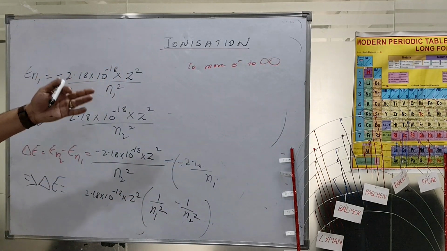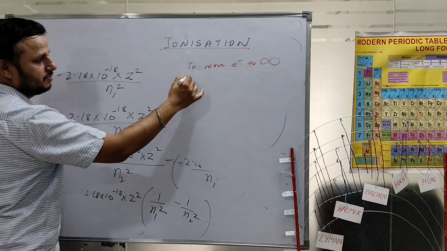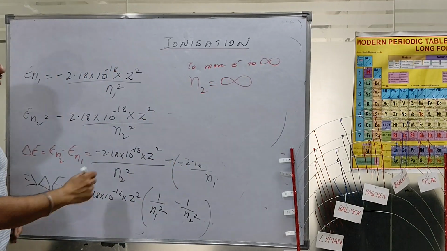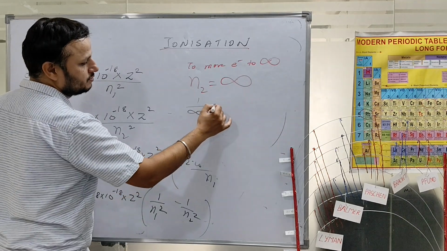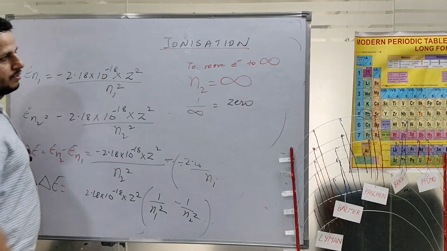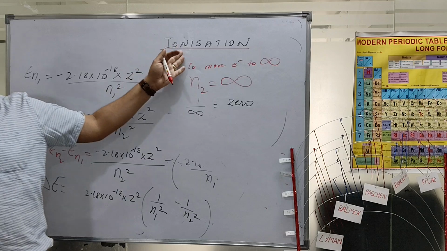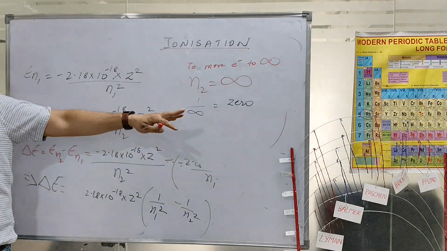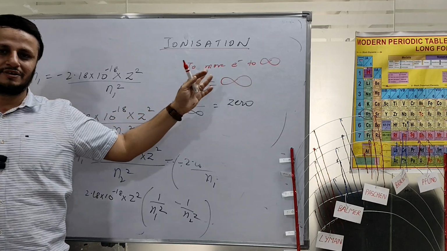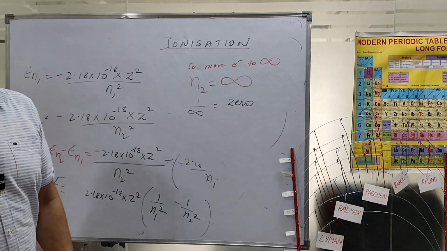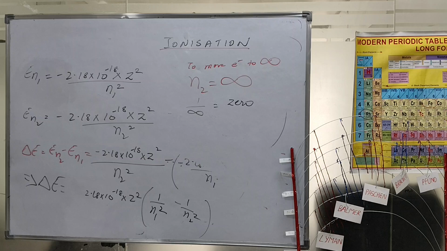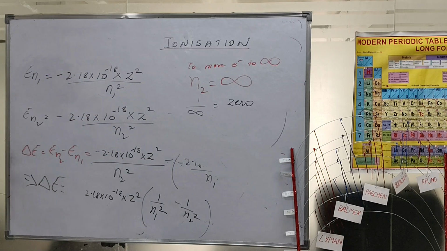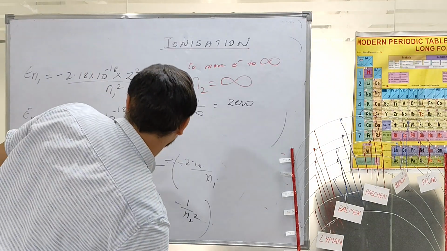Where is the electron? At infinity. In that case n2 becomes infinity and 1 upon infinity is 0. So if the word ionization or ionization energy comes in a question, that means n2 is the infinity level where the energy of the electron becomes 0. So we will solve the numerical accordingly.